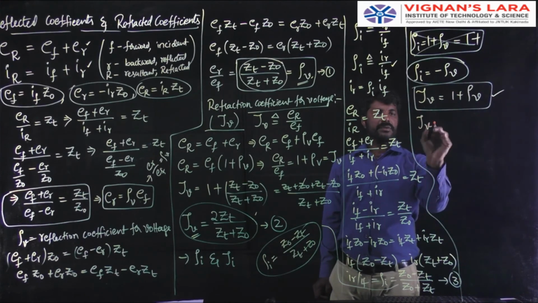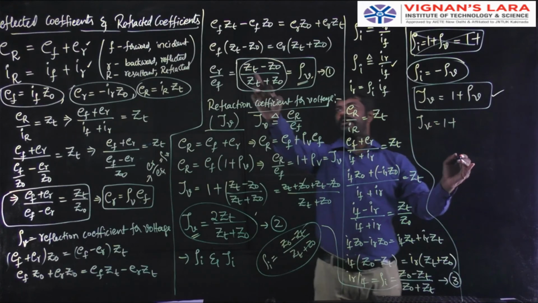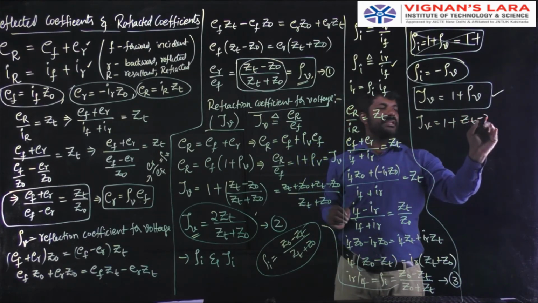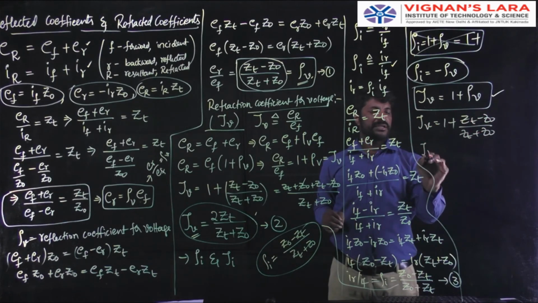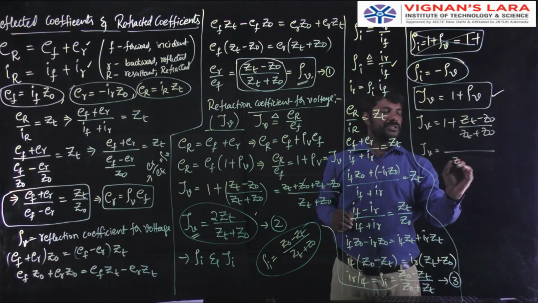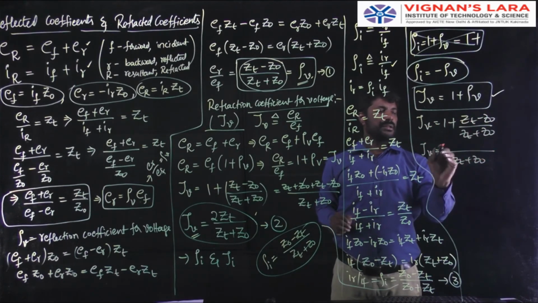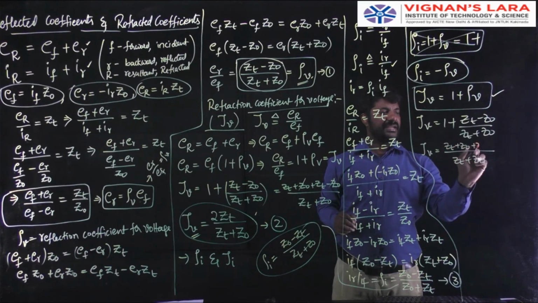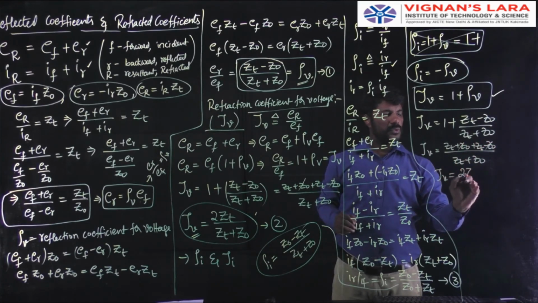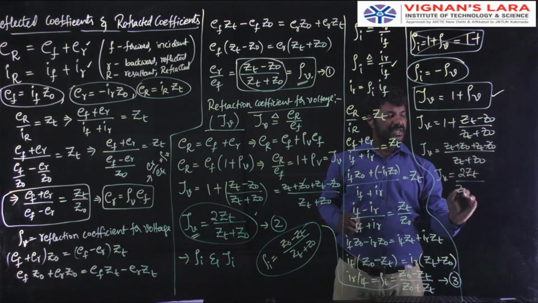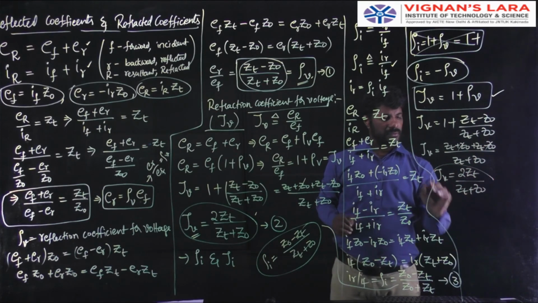Tau V is equal to 1 plus rho V, whose value is ZT minus Z0 by ZT plus Z0. So that tau V is equal to ZT plus Z0 plus ZT minus Z0 over ZT plus Z0. Plus and minus get cancelled, and therefore tau V is equal to 2 ZT by ZT plus Z0, which was proved.